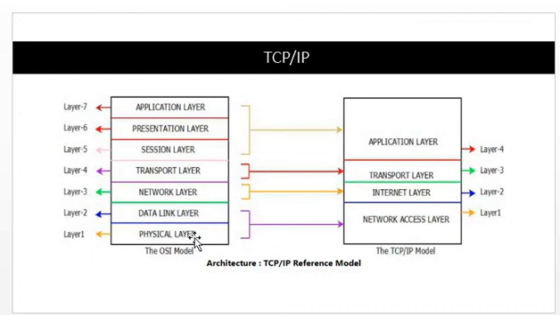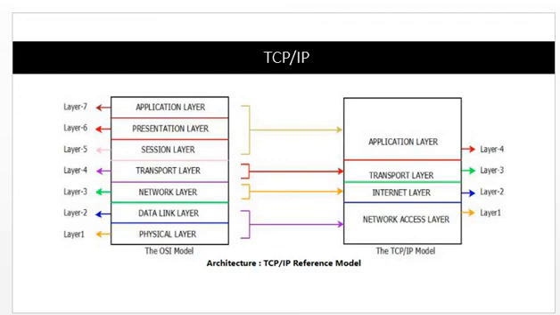Here the data link layer and the physical layer are merged into the network layer. Then the top 3 layers, application layer, presentation layer, and session layer, are merged into one layer. So you can just see that the TCP/IP model was extrapolated from the OSI reference model.